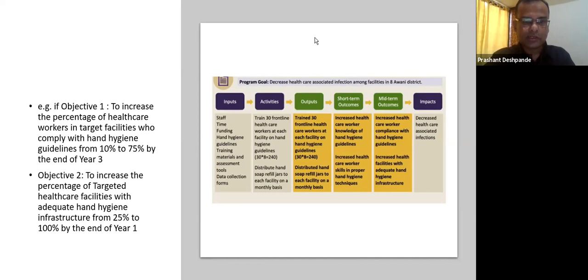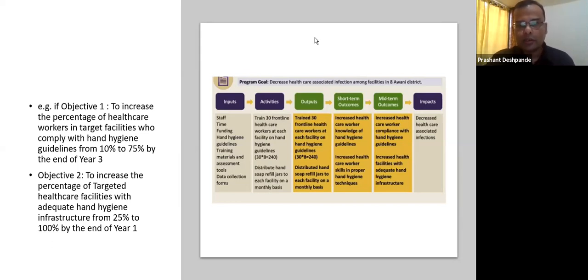Yes. So Kiran has said it's objective 1. Very right, because we want increased compliance of people, health workers, for hand hygiene practices. So if we train those people, their compliance will be more. So it will go under objective 1. Then second is distributed hand soap refill jars to each facility on a monthly basis. So here, what is the output?